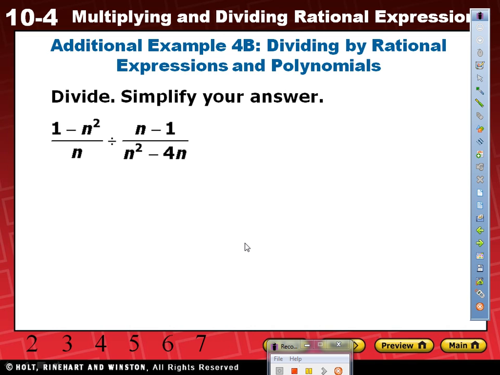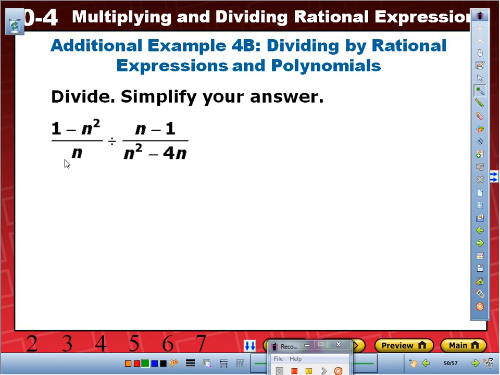Okay, here we go. In yesterday's lesson, I said for division, the only thing that's different from this one to what we did with multiplication is this. Everybody look up. First fraction stays the same, so I write 1 minus n squared, which is the numerator, over n. So this is exactly the same.